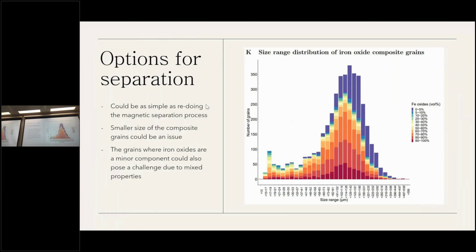And so, what are our options for separating these iron oxides and ulvospinel from the concentrates? As you can see, the more monomineralic iron oxide grains are actually smaller on average than grains in less iron-rich classes, which would make them easier to separate.